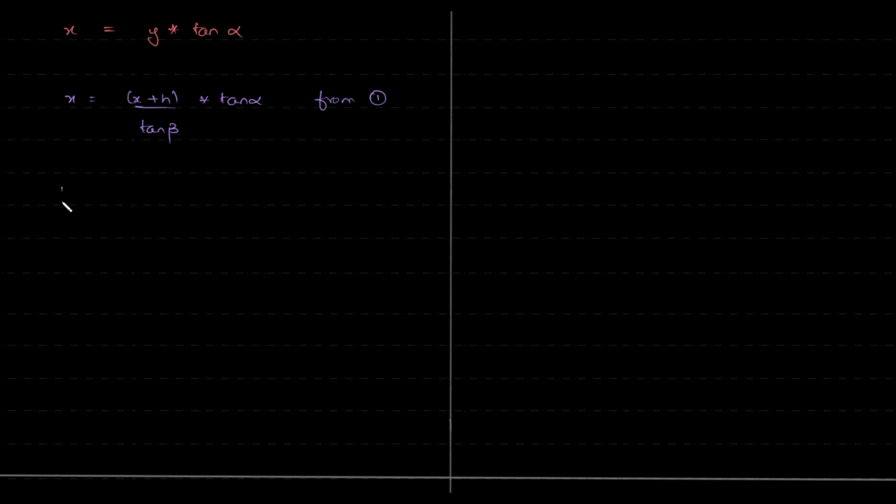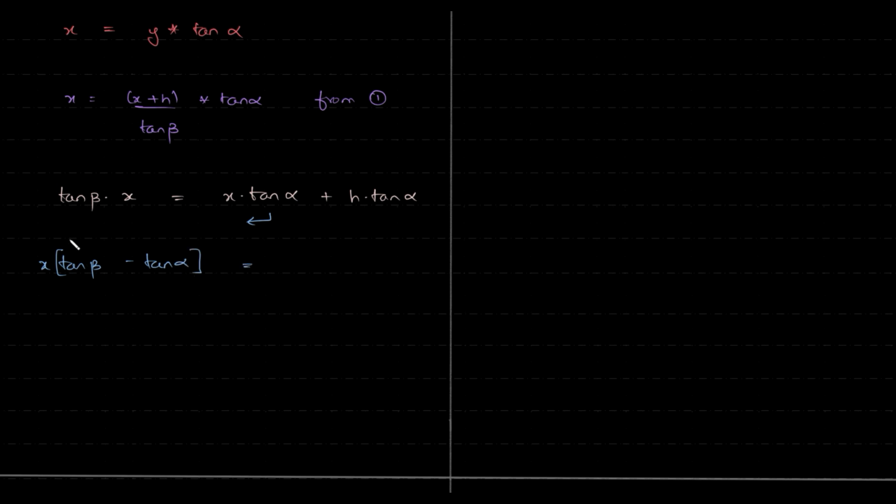This is from 1. And then cross multiplying and all of that. So tan beta into x is equal to x into tan alpha plus h into tan alpha. Since we are looking for an expression for x, we need to transpose this. So we'll have x into tan beta minus tan alpha. Yes, I skipped a step.